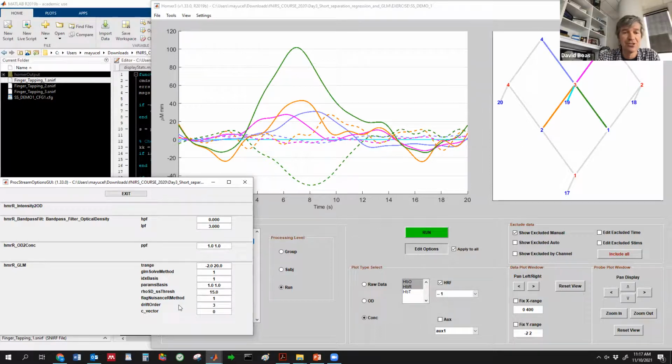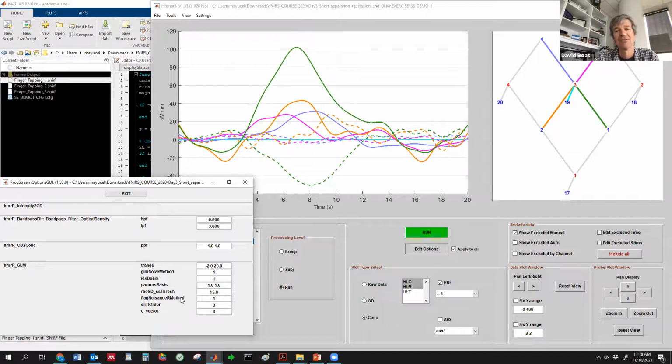We then added option 2, which is what Joe Culver and his group have always used. They use that because their short separation channels were like 12 or 15 millimeters. And so those are what we should call medium separation channels. They see brain as well as scalp.